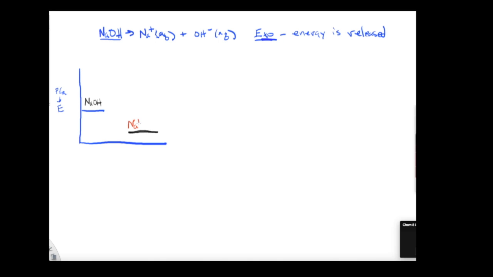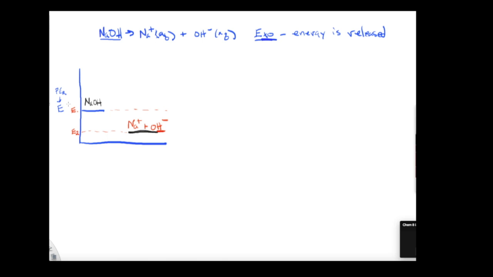So this is going to be the Na+ plus OH- here. All right, and if we draw a line over to the vertical axis, this is E2, and this is E1 where we started.